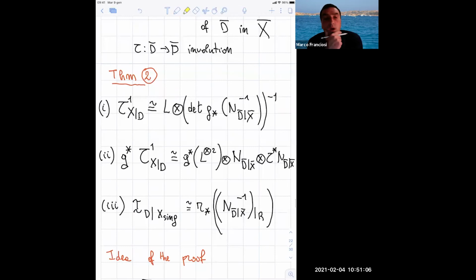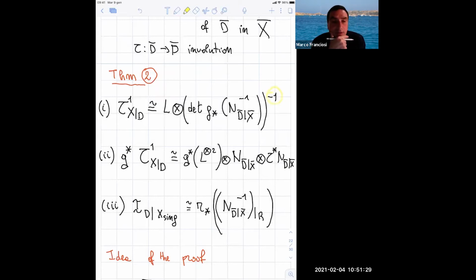First of all, we have the part restricted to D. T^1 of X restricted to D is isomorphic to the inverse of the determinant of g lower star of the normal bundle.